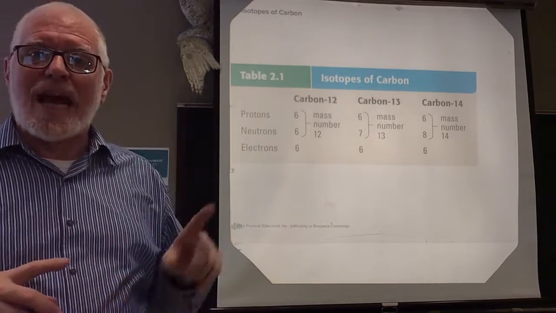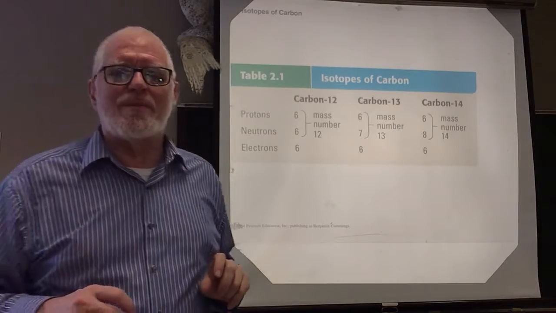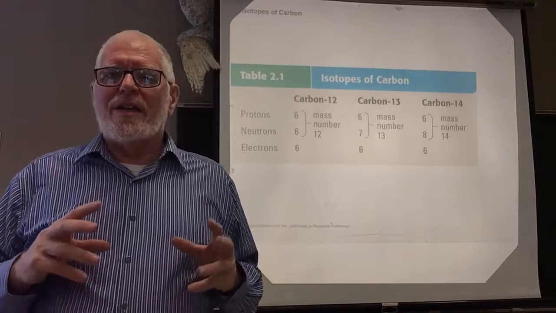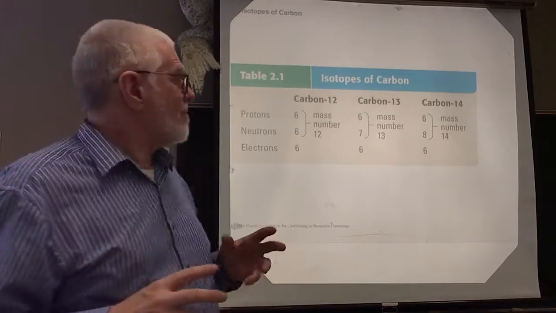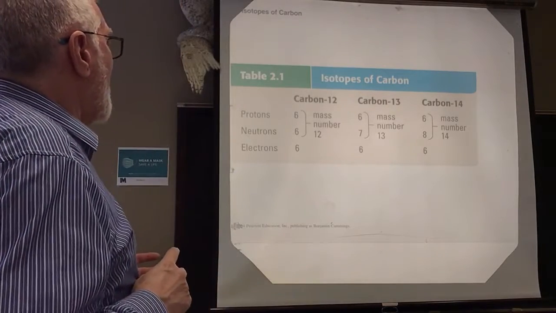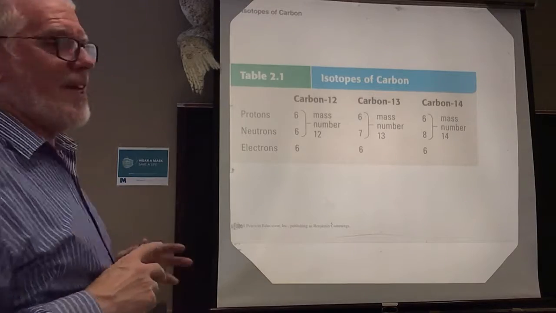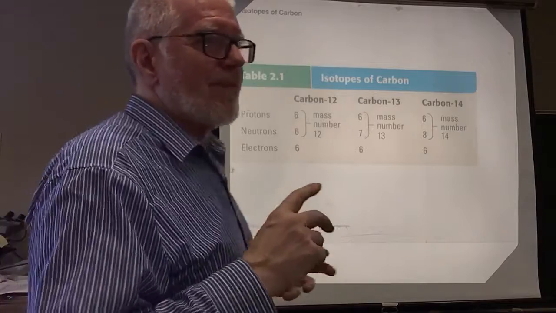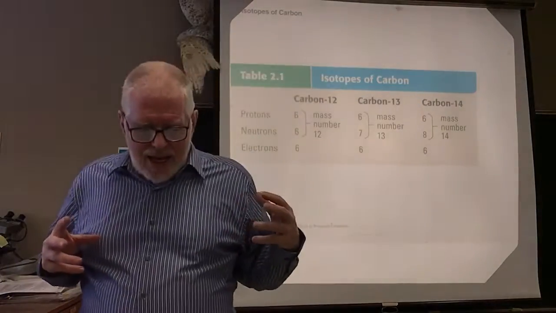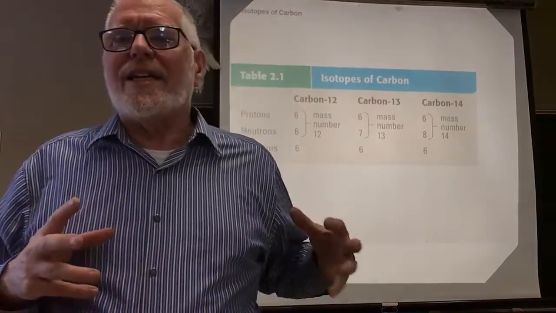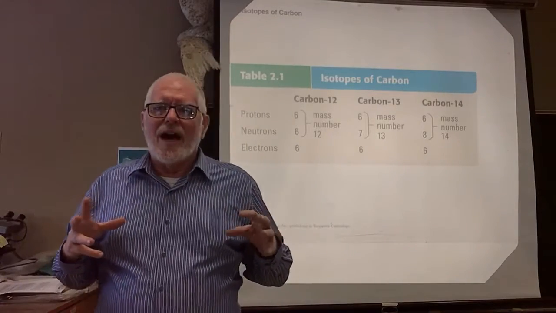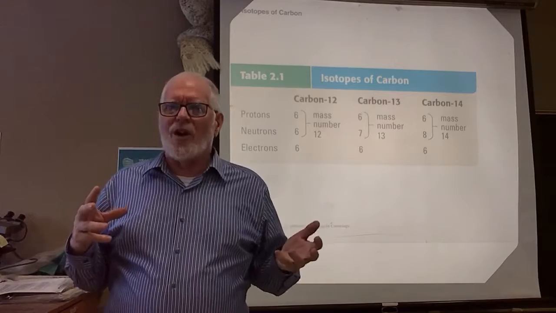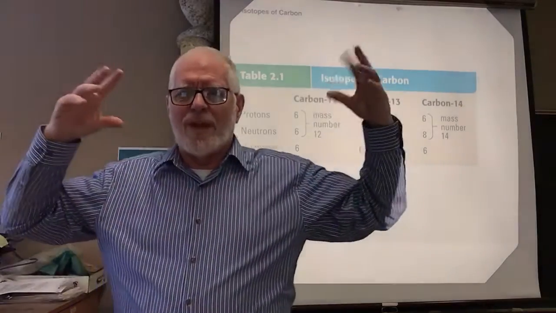Last thing for this chapter, coming back to isotopes. In nature, most of the carbon is C12. A small amount of it is C13, and a small amount of it, but a little bit more, is C14. Carbon dioxide in the atmosphere, or C14 carbon dioxide, is generated in the upper levels of the atmosphere.